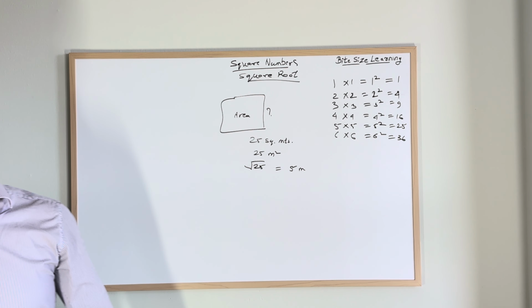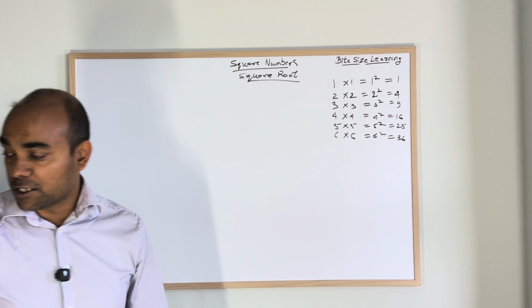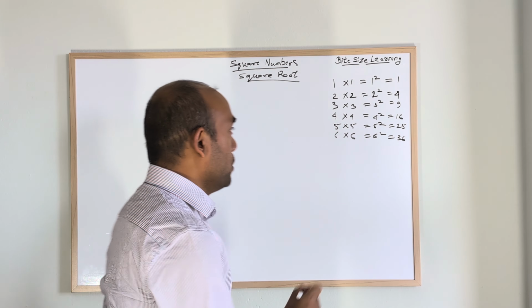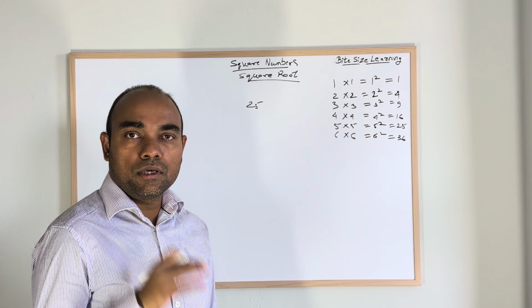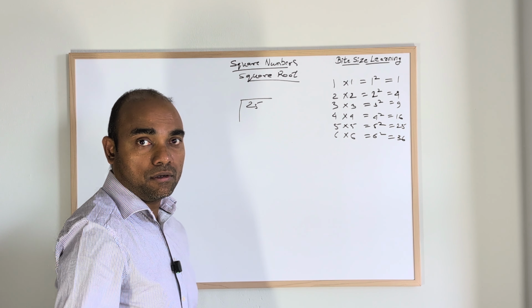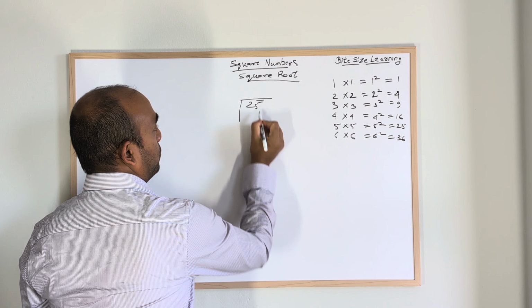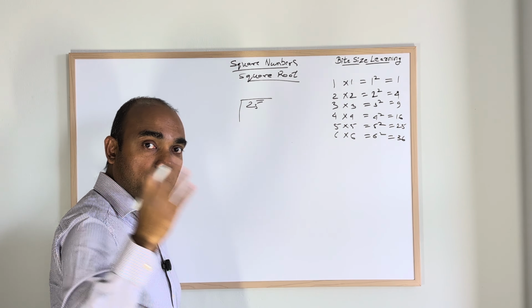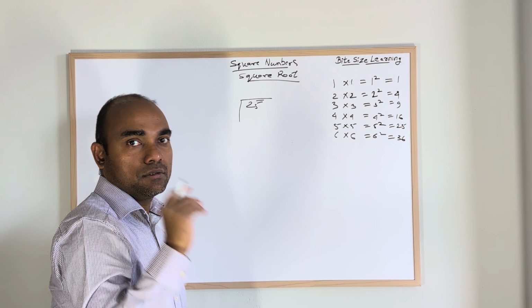Now let's say you have a number. I'll explain the easiest and most common method, the division method. You have the number 25 and you want to find its square root. You do a division kind of setup, and then you pair the numbers from the right hand side to the left hand side until you find a single digit number.